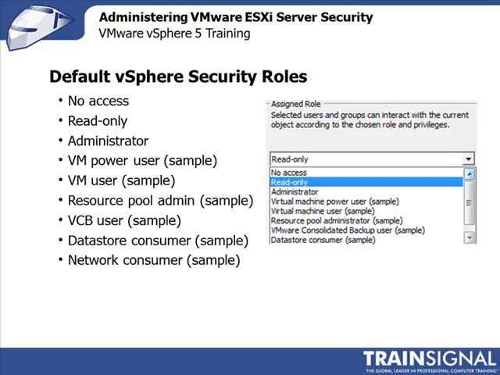You could assign the virtual machine power user role to him, and he has those privileges. But you might want to look at that role and see, maybe he just needs virtual machine user. You just have to check out these sample roles and see. If the sample roles don't fit what you need them to do, you can create your own roles. The only roles that you have to have are no access, read-only, and administrator. Then from there, you can create whatever roles you want to create.